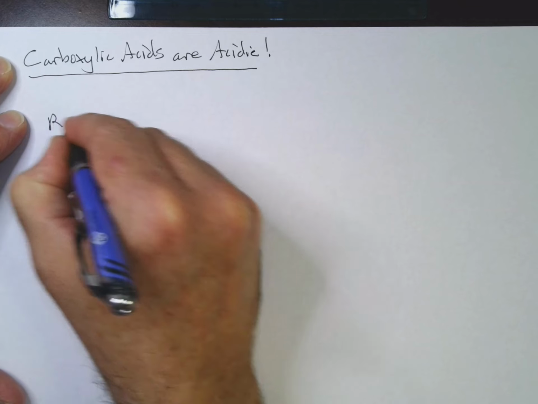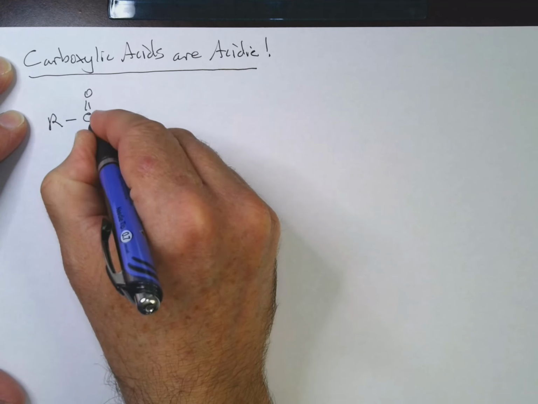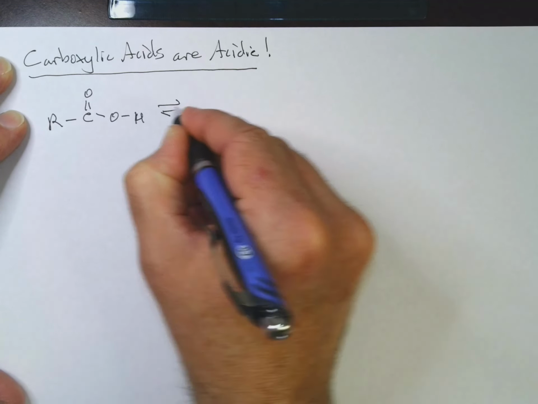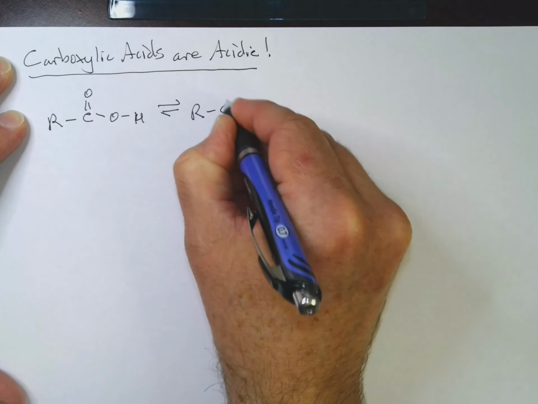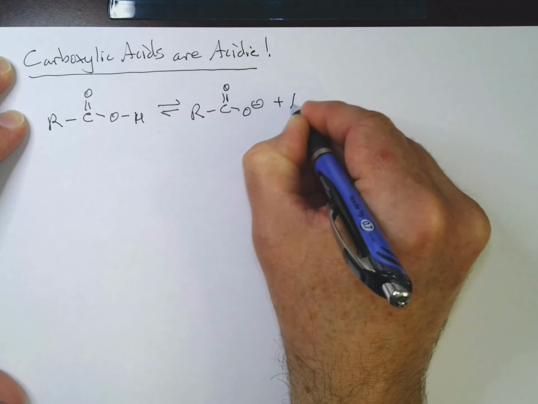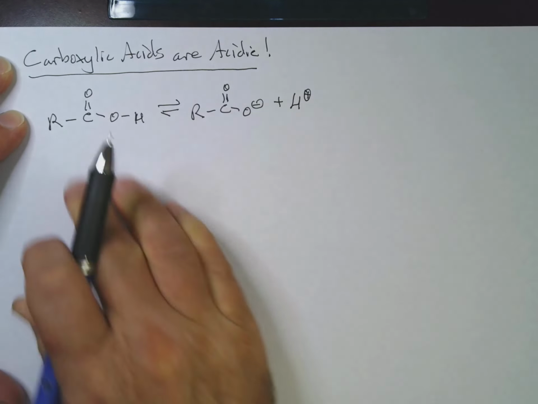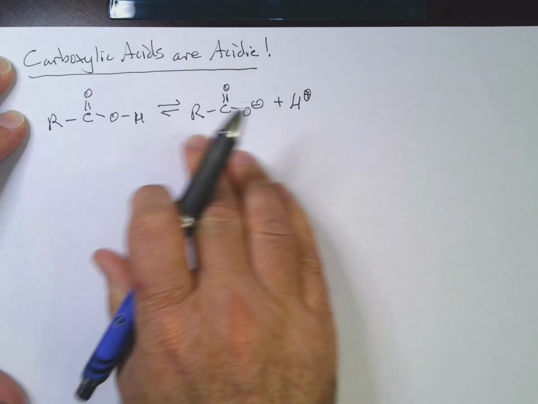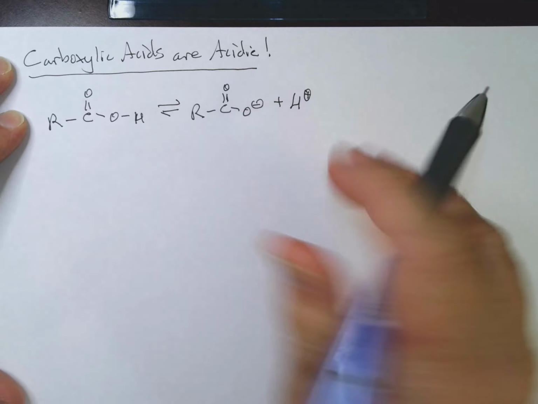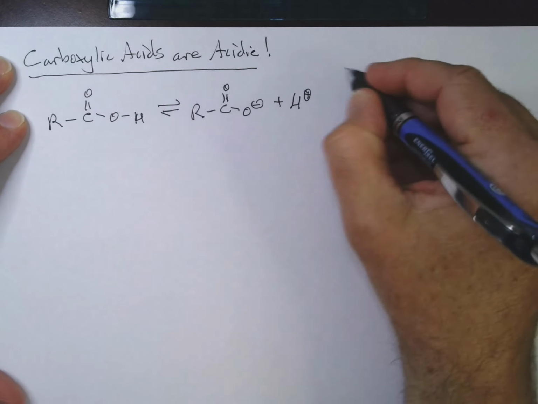For example, we could draw the following dissociation reaction, where our carboxylic acid is splitting up into the carboxylate ion plus a proton.